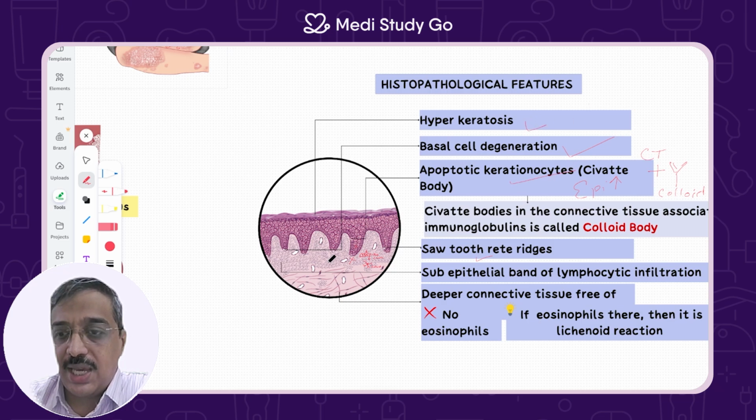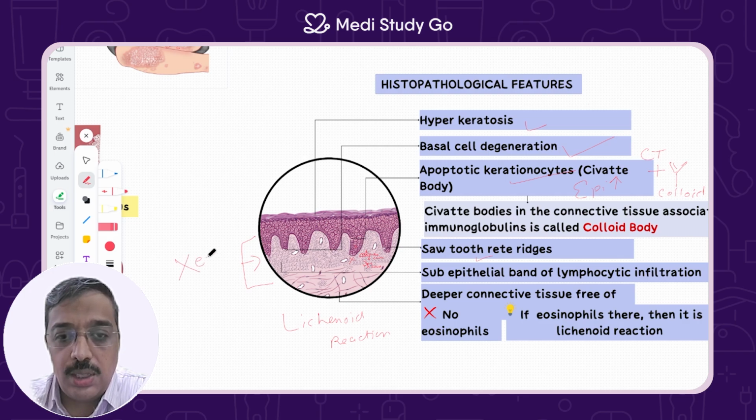But the most characteristic feature, which is also called the lichenoid reaction, is the band of inflammatory cell infiltrate. And the most important feature is there are no eosinophils.